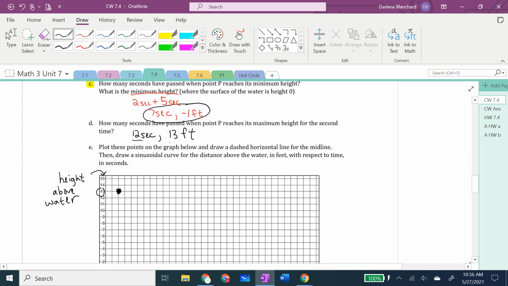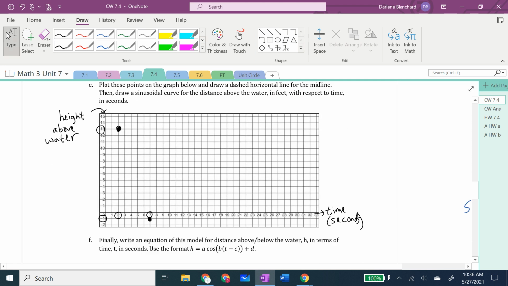So I'm going to plot the point 12, 13. Now what I want you to do is try to draw a cycle based on you have a high point, a low point, and a high point.